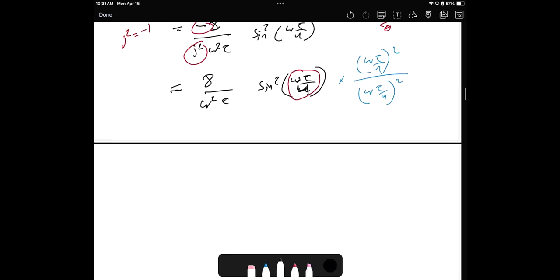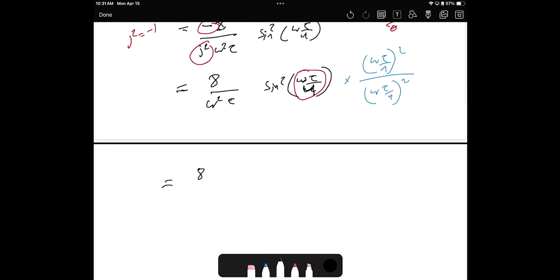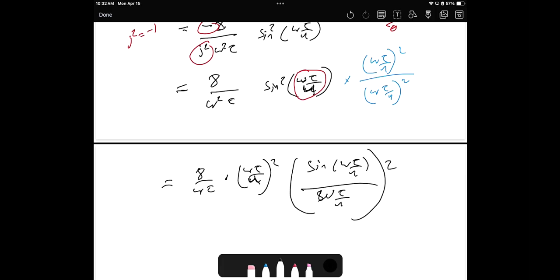As a result, this will make it 8 times omega tau times omega tau over 4 omega squared, sine omega tau over 4 divided by omega tau over 4, all of the square. This means this term can be converted to sine.